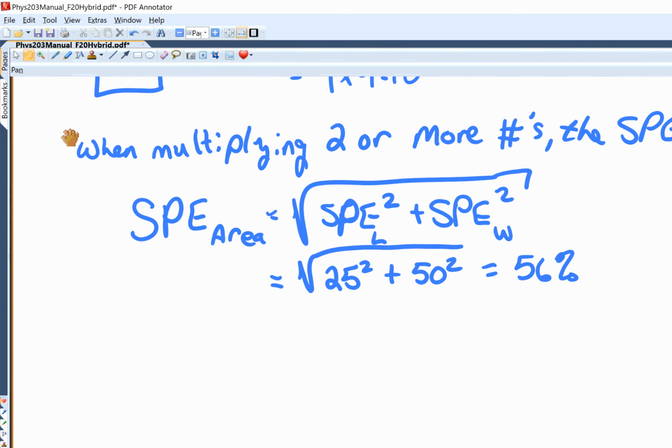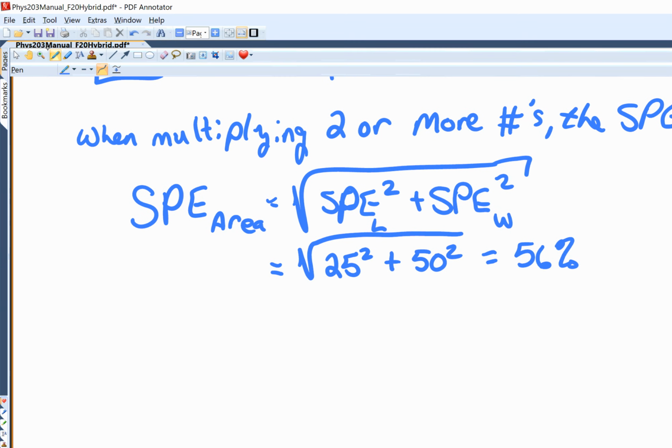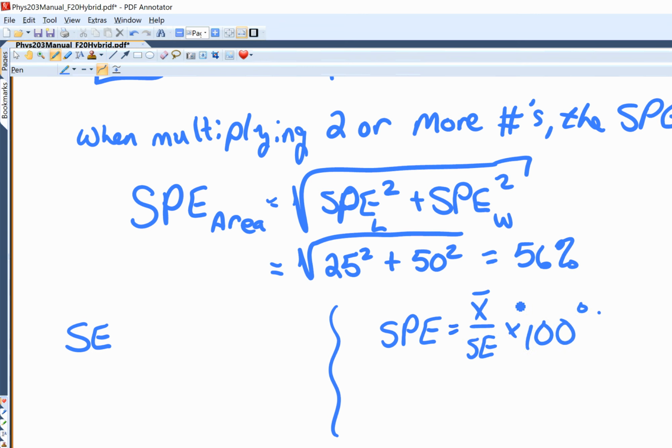Now, if I want to find SE, which is really what I want, the standard error, I need to go back to that original equation that I gave you. SPE is equal to X bar divided by standard error times 100. And then I want to solve for the standard error. So if I rearrange this equation, the standard error is going to be X bar times 100 divided by SPE.